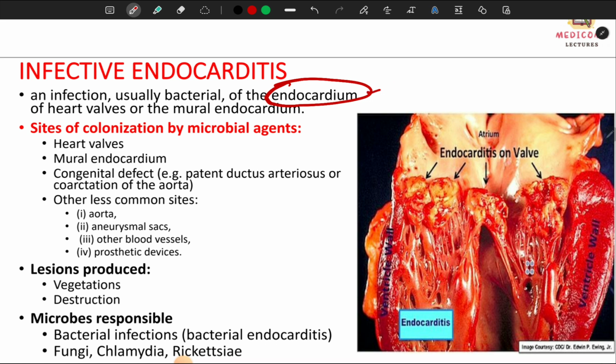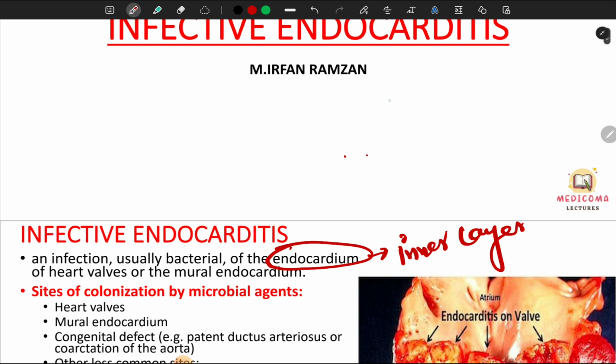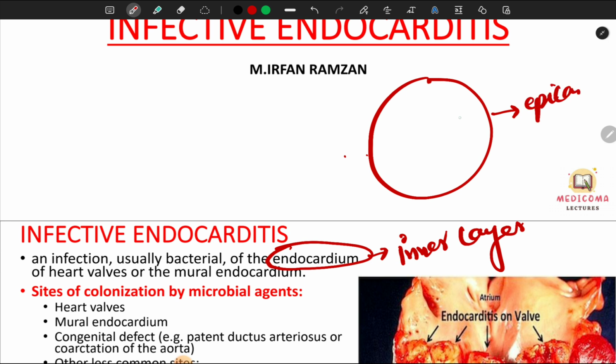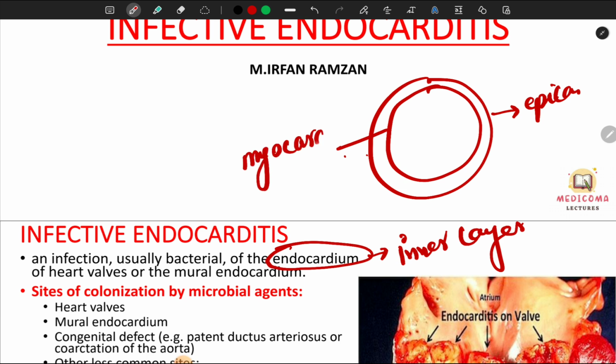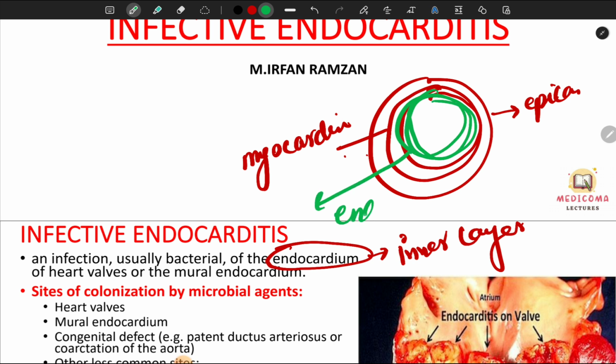What is endocardium? Endocardium is the innermost layer of the heart. As we know, the heart has three layers. For example, this is the heart. The outer layer is the epicardium, the middle one is the myocardium, which consists of cardiac muscles, and the inner layer, which contains the endothelium, is called the endocardium.